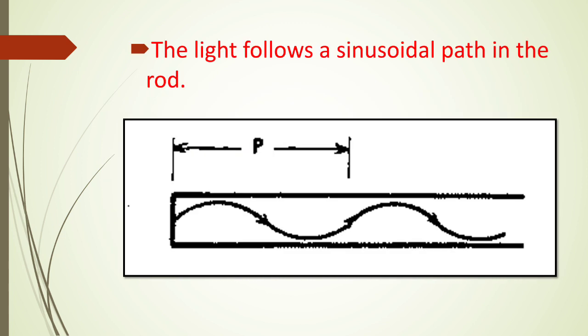The light ray follows a sinusoidal path in the rod. If the light travels in this rod, it follows a sinusoidal path as shown in this diagram. So the light in the graded index rod travels sinusoidally.